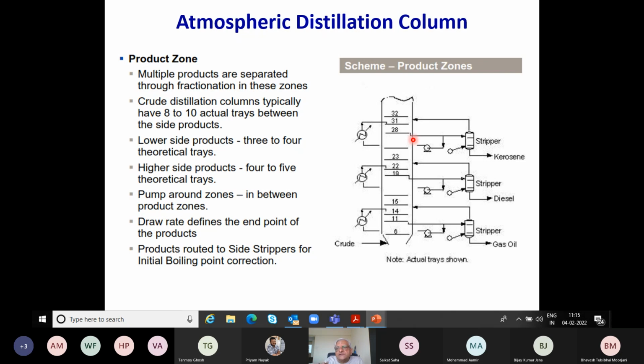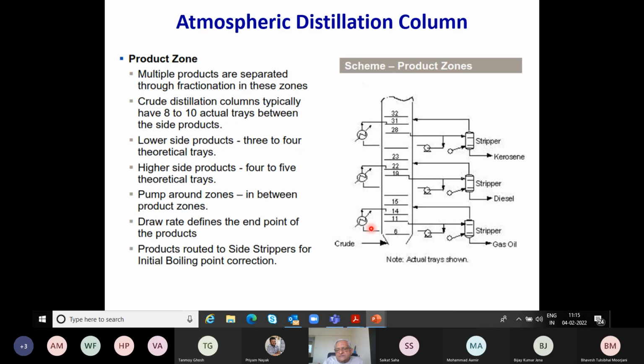So there is an exchange between the vapor and the liquid with respect to the components. From the reflux, we condense the less volatile components, and in turn we vaporize more volatile components, which add to the vapor. And the vapor, when it travels up, condenses less volatile components.